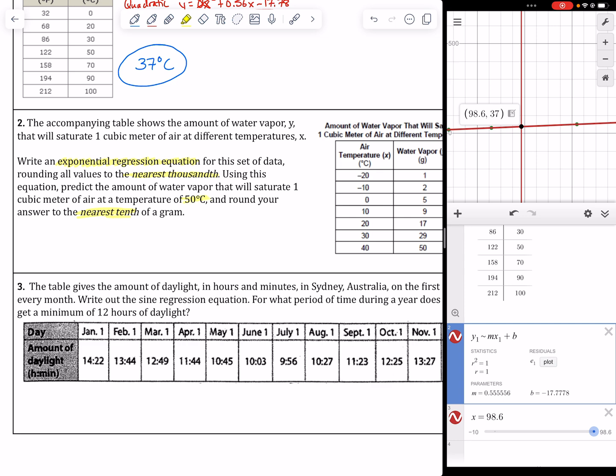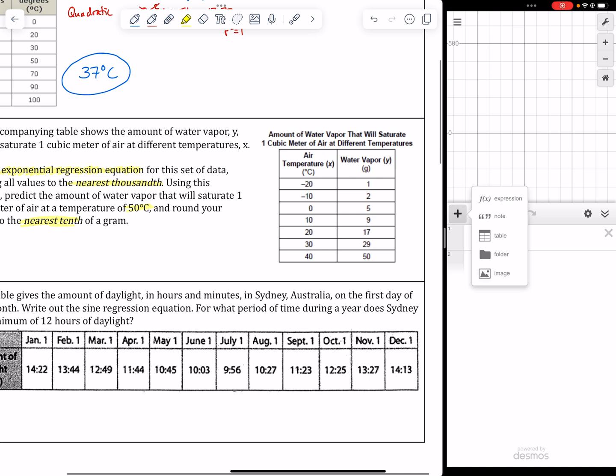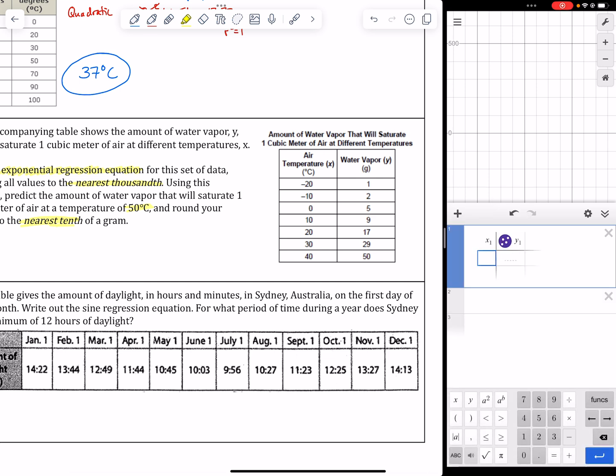Okay, so let's get started. Let me clear out Desmos and add in this table. So I'm going to put negative 20, negative 10, 0, 10, 20, 30, 40.